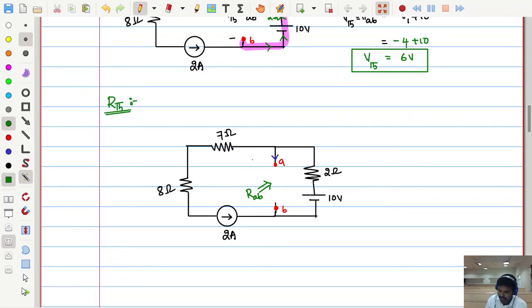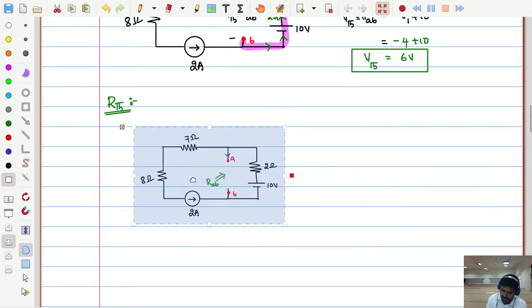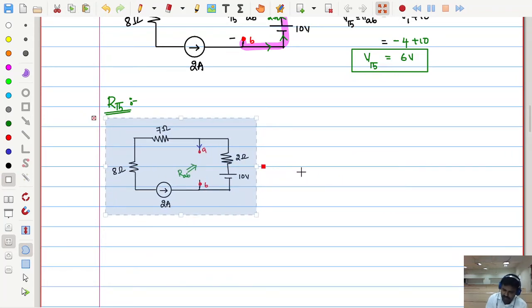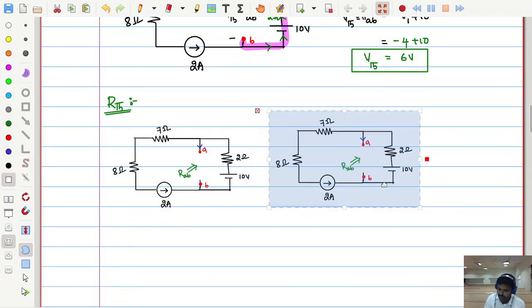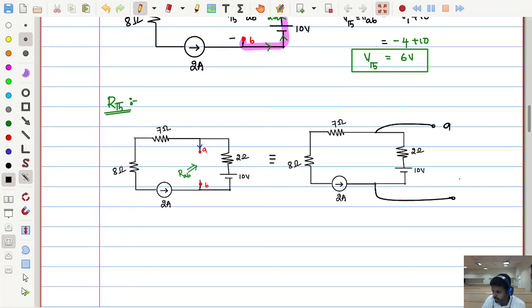You can make these kinds of changes if you need a better understanding. Can I make the same circuit in this way? Both are equivalently the same. Instead of putting A and B inside, I can extend those terminals to the outside also like this. These are A and B.